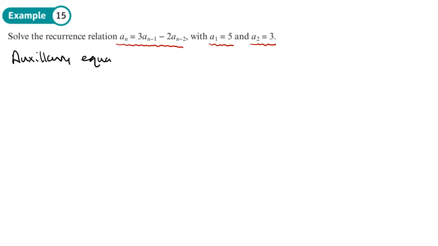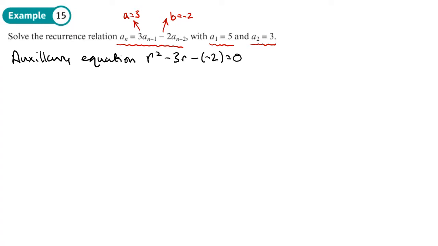And the auxiliary equation is going to be r squared minus, now 3 is the value of a in our recurrence, and b, its value is -2. So we're going to have r squared minus 3r minus -2 equals 0.